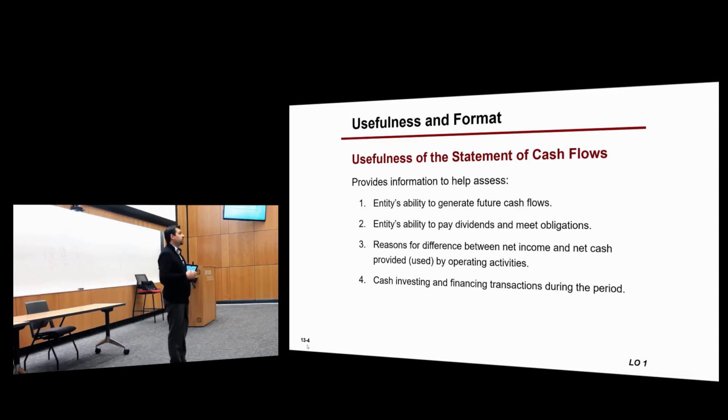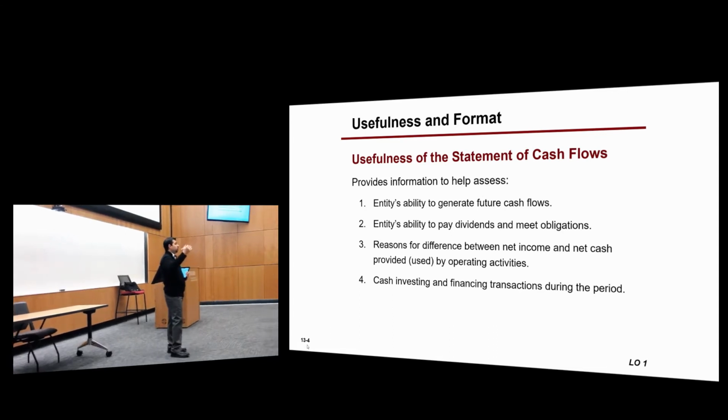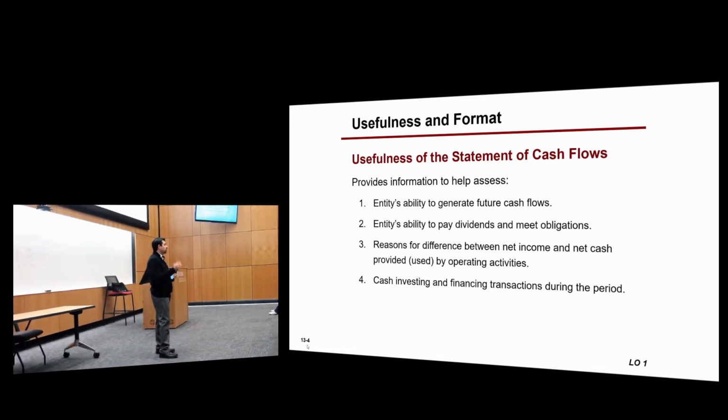If you invest a lot this year, you might have trouble later on with cash, right? If you keep buying stuff, even if you will depreciate that over 20 years, doesn't matter, you still have issues with cash. You might not be able to pay your short-term debts and stuff like that. So you need to adjust from net income to net cash. This is what we will learn how to do, okay?